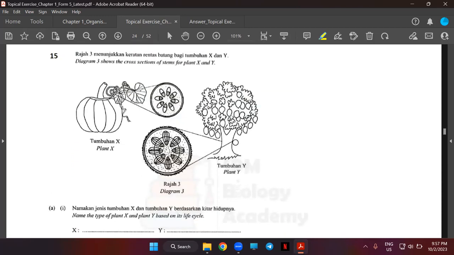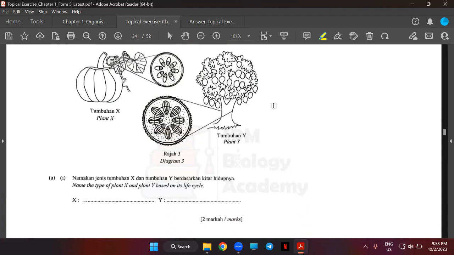15. Rajah 3 menunjukkan keratan rentas batang bagi tumbuhan X dan Y. Diagram 3 show the cross section of stem for plant X and Y. Now, kalau kita lihat di sini, tumbuhan X labu.